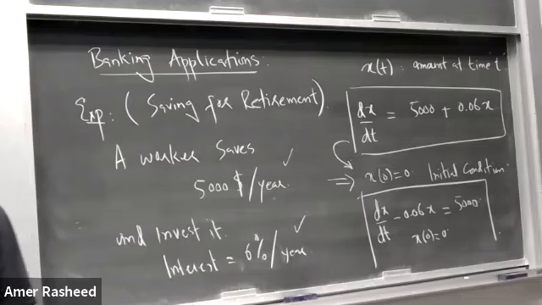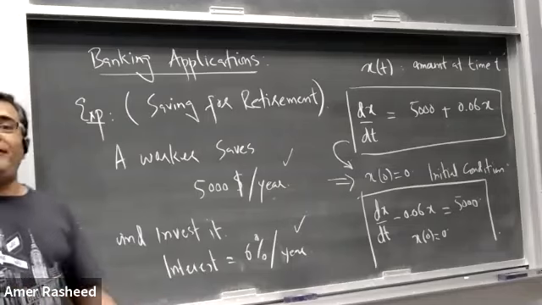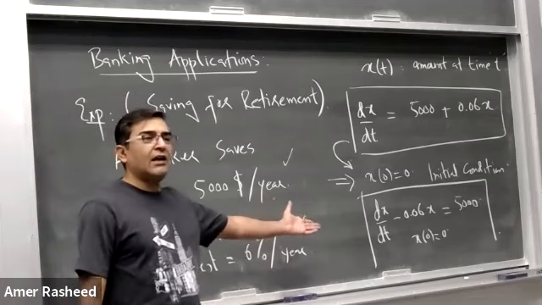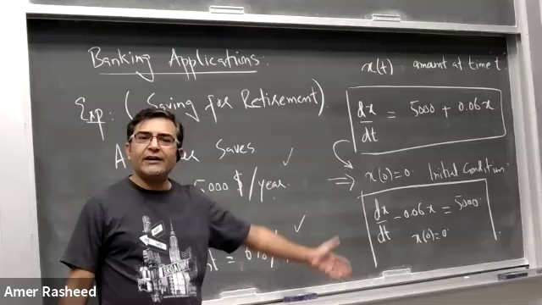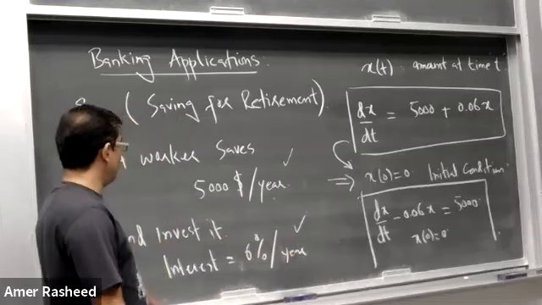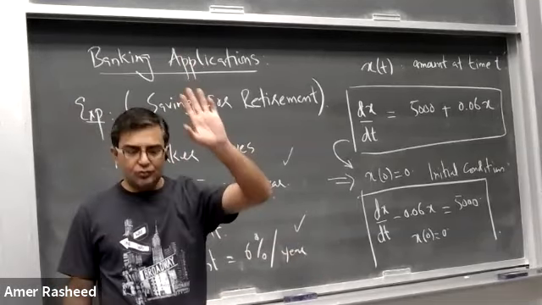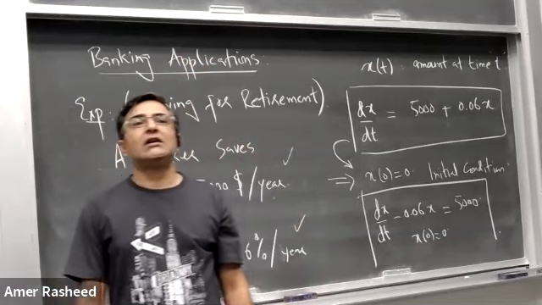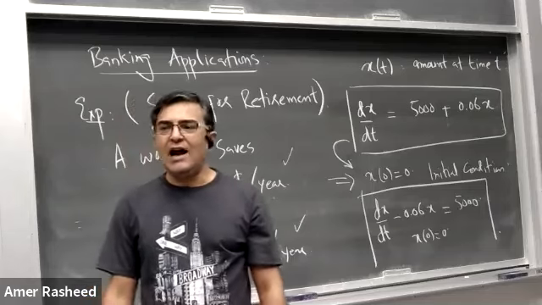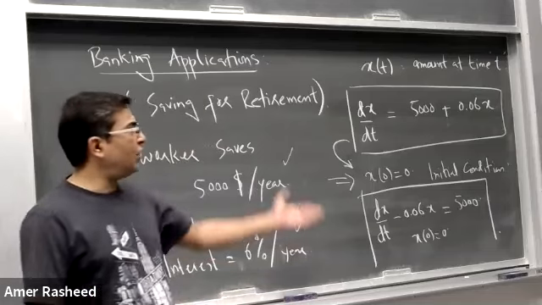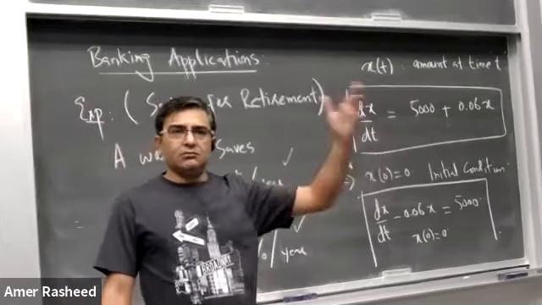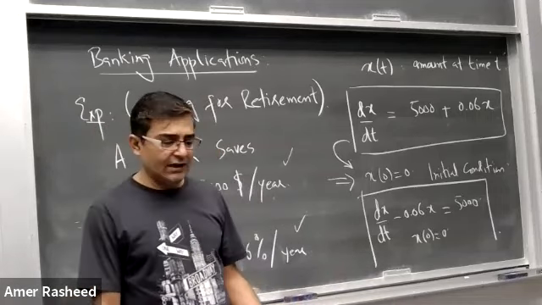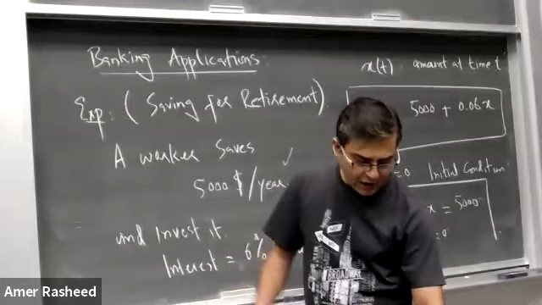Now, you solve it by using an integrating factor. You have to use an integrating factor here in order to solve it. Once you solve it, what do you have to put for after 30 years? The question asks what amount he will have after 30 years. After solving this differential equation, you just have to put t is equal to 30. You'll get the amount he will have after 30 years, at retirement.